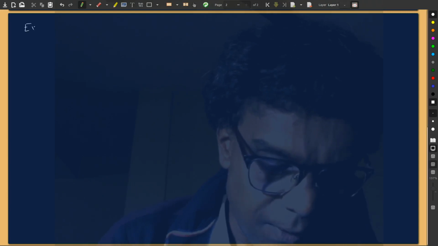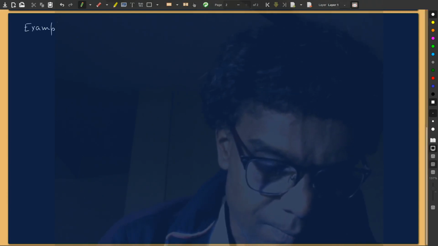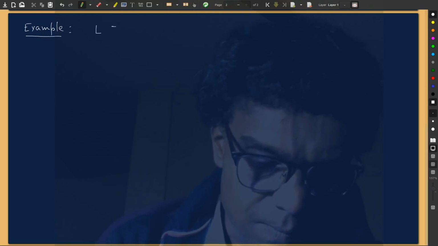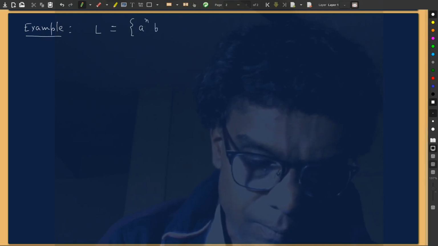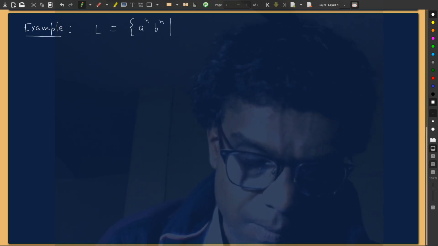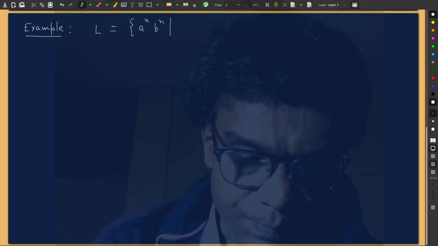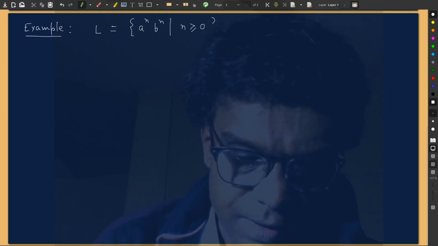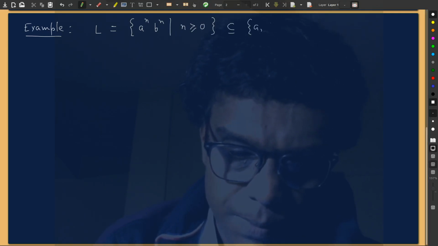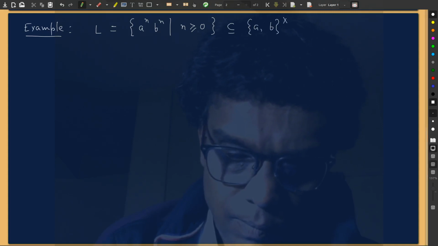This is a canonical and classical example. Consider this language L, the set of all strings of the form a power n, b power n for some non-negative integer n. This is a language over the alphabet a comma b. Okay.